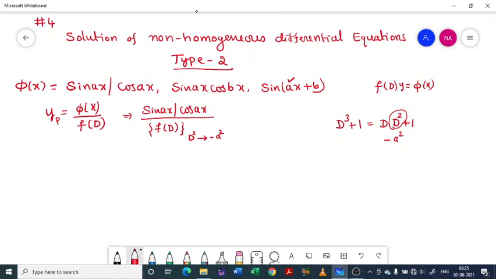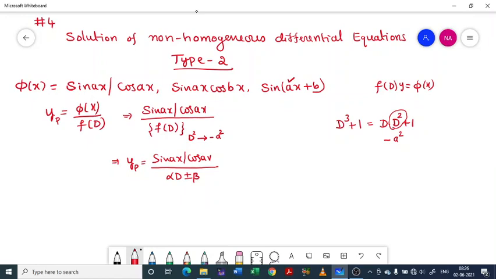Then what generally happens is, this will take the form sin ax cos ax, no change in this. This denominator generally takes the form alpha D plus or minus beta.